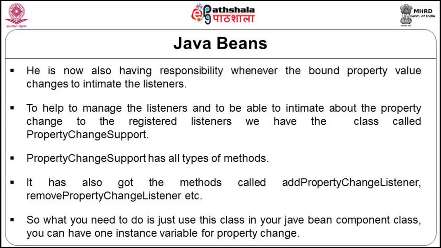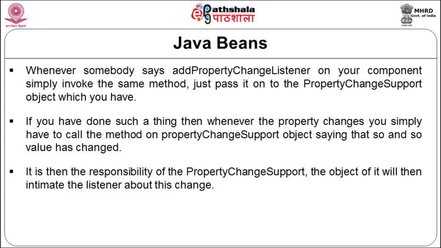So in your Java Bean component having bound properties, you can have one instance variable for PropertyChangeSupport. Whenever someone calls add property change listener on your component, you simply pass it on to the PropertyChangeSupport object which you have.